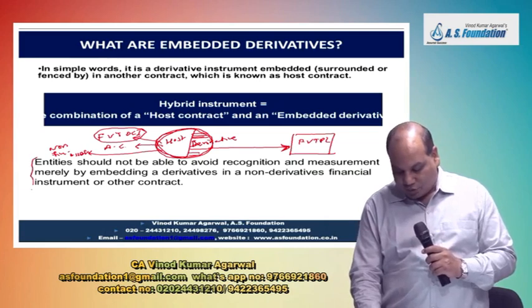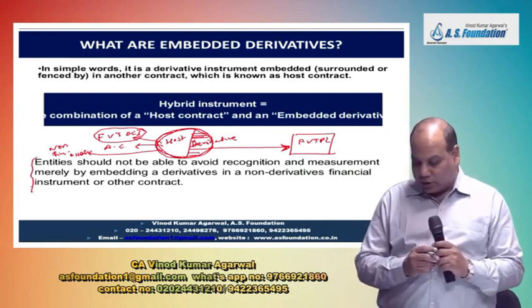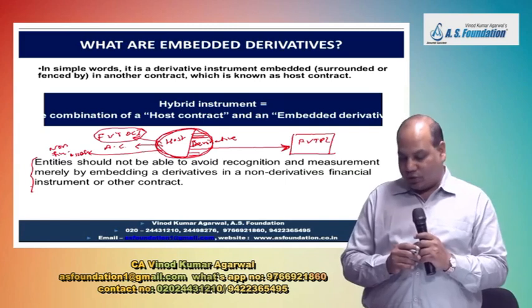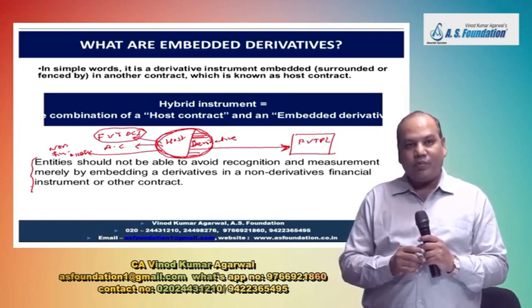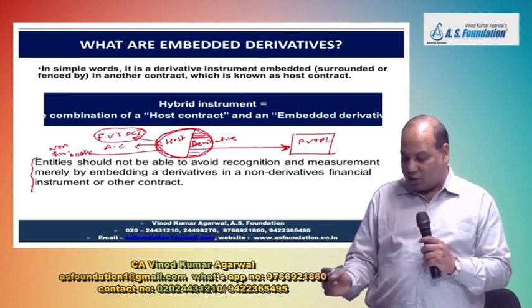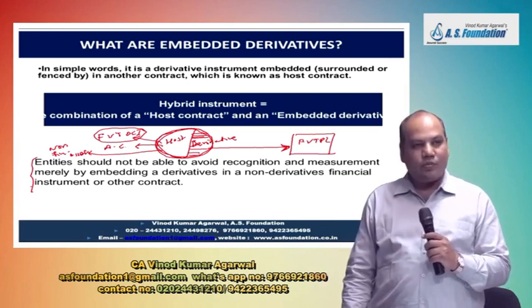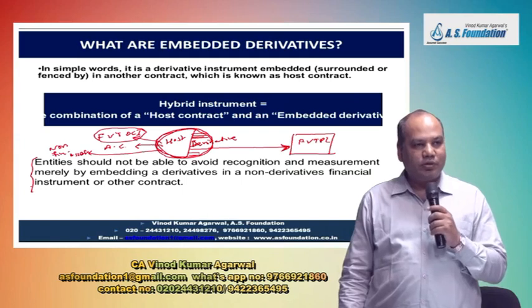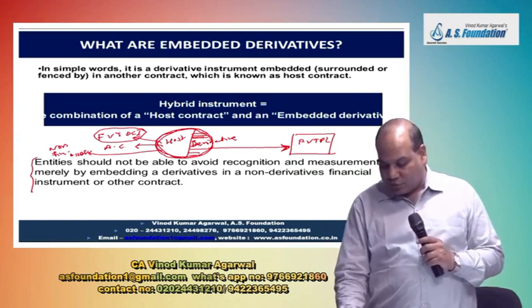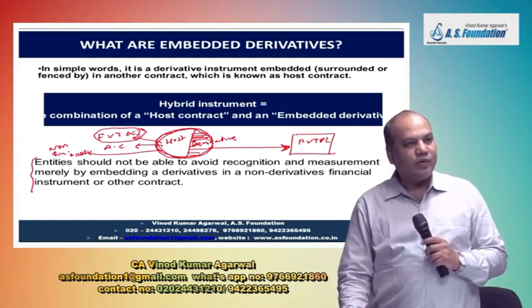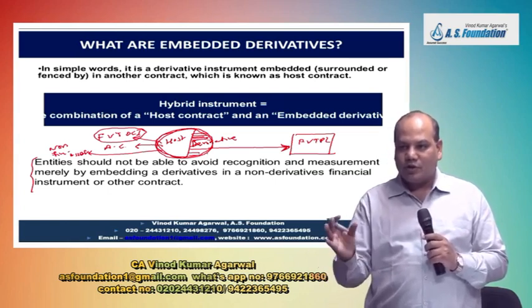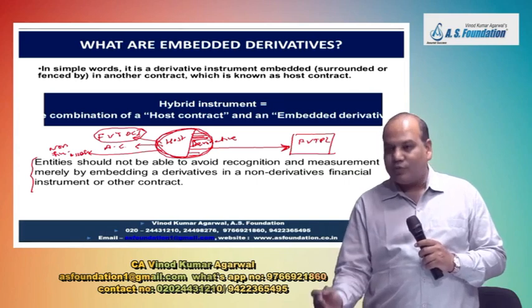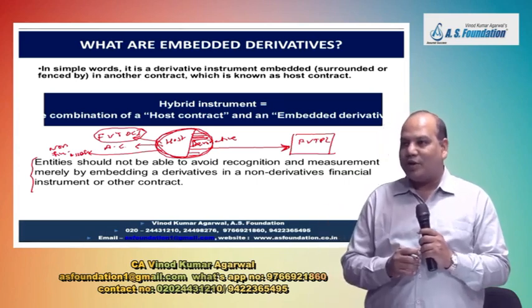So the reason the standard gives you, an entity should not be able to avoid recognition and measurement merely by embedding a derivative in a non-derivative financial instrument or another contract. So smart companies, what they can do, they can have a contract which has similar feature of derivative, but they don't want to follow FVTPL accounting for derivative.